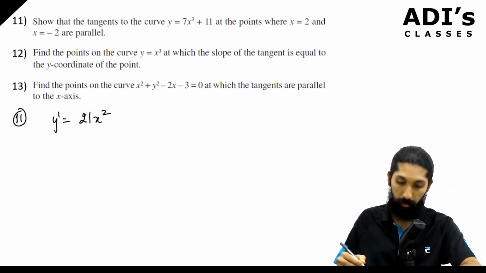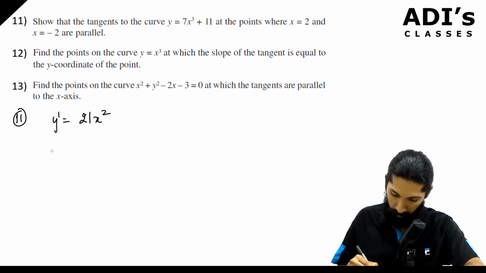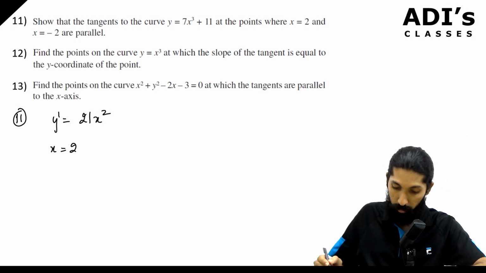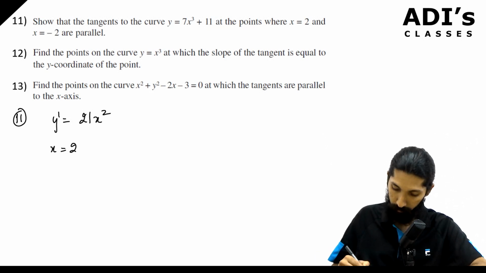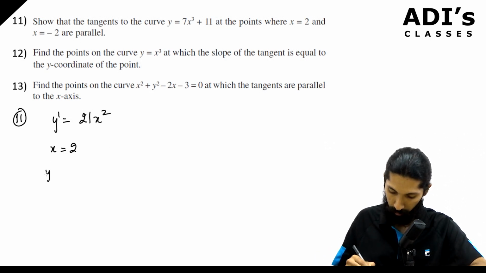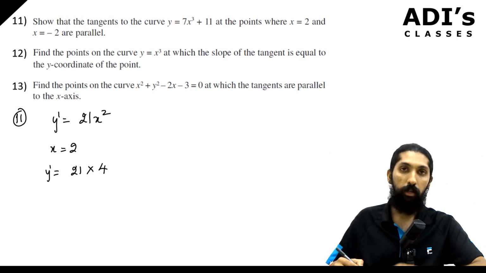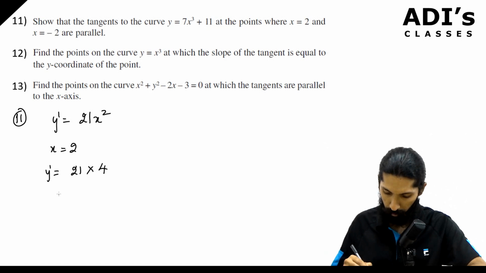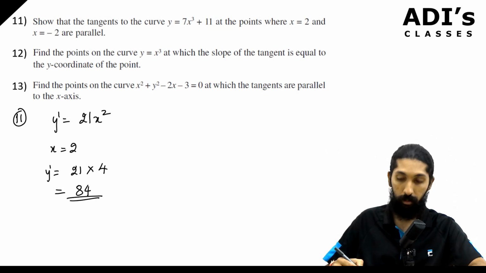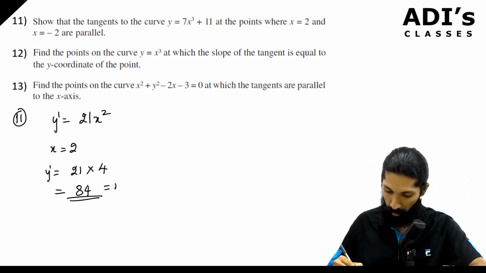That's all. Now first let's put x is equal to 2. You'll get y dash is equal to 21 into 2 square, which is 21 into 4, or if you want, you can write it as 84. That's also fine. So let's call this M1.